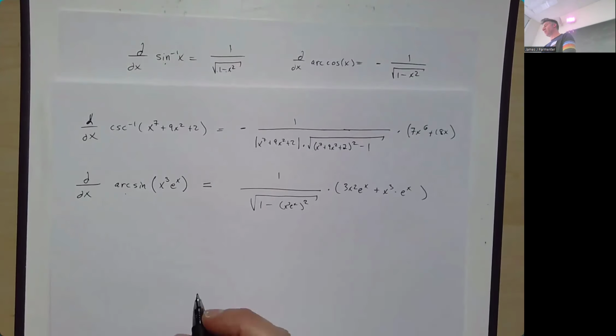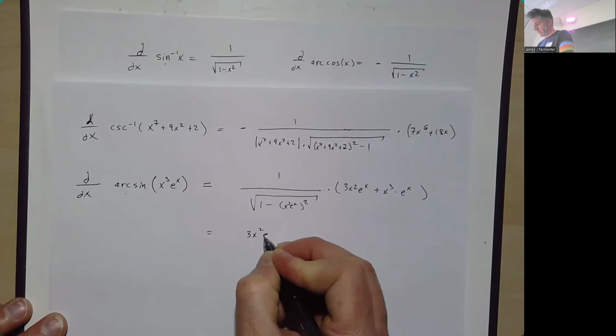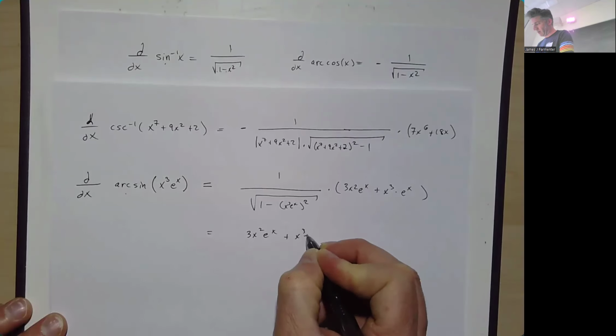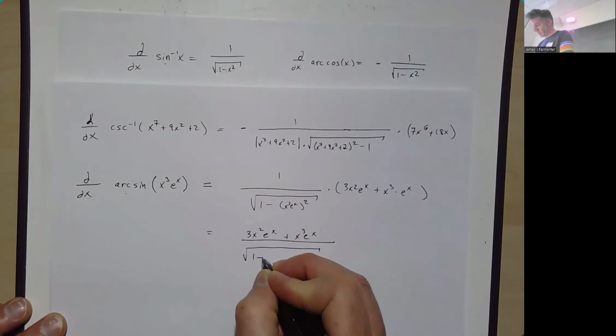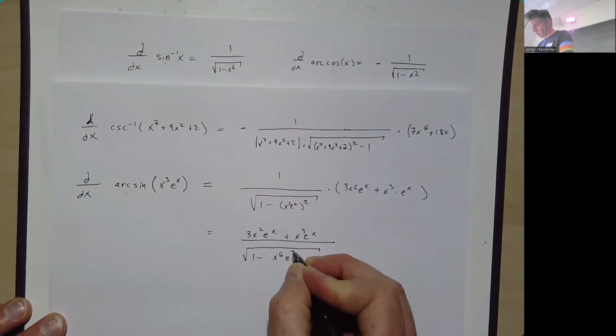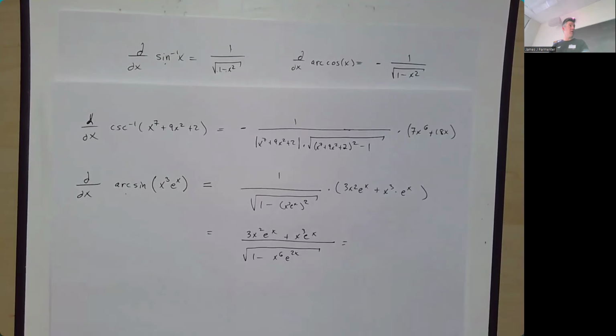If you really wanted to, you could write this more nicely as 3x squared e to the x plus x cubed e to the x. You could even factor out, sure, we'll do that, over the square root of 1 minus x to the 6th e to the 2x. And maybe you were trying to find the critical points of this function.